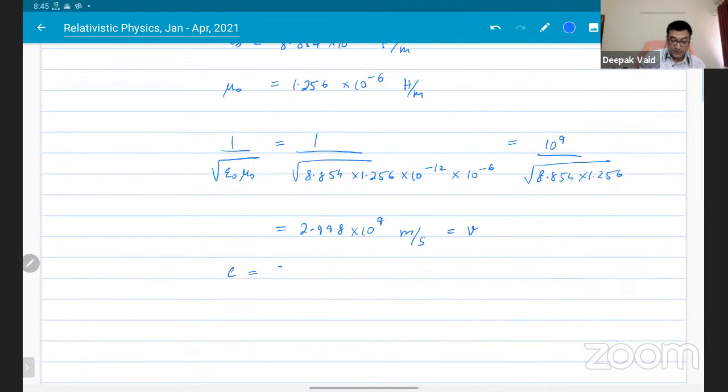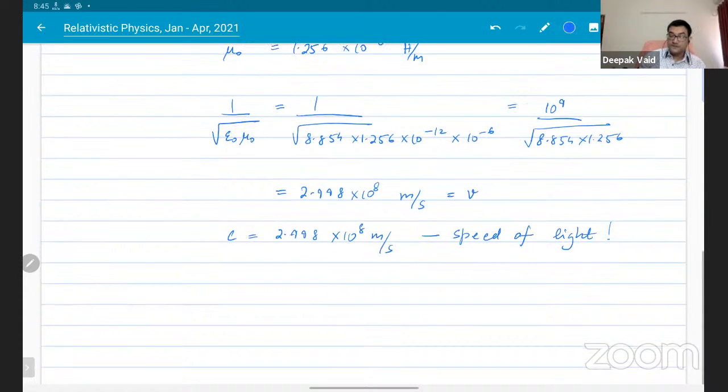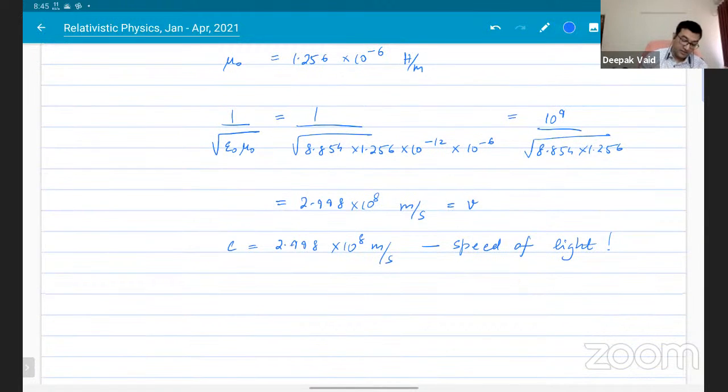Now this velocity happens to be suspiciously close to the speed of light, right? So when you have such amazing coincidences, you are tempted to look for an explanation. So what is the explanation?